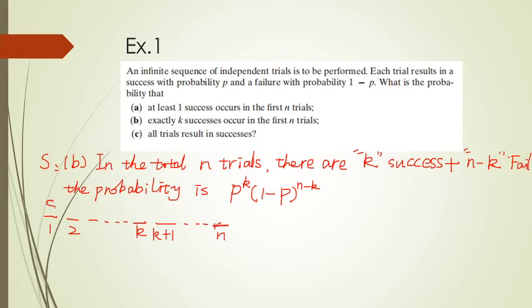So the first K is success, and from K plus 1 until the last one is failure, right?